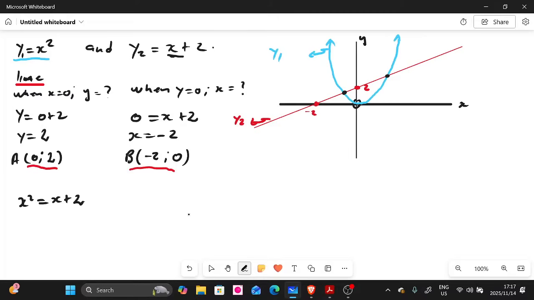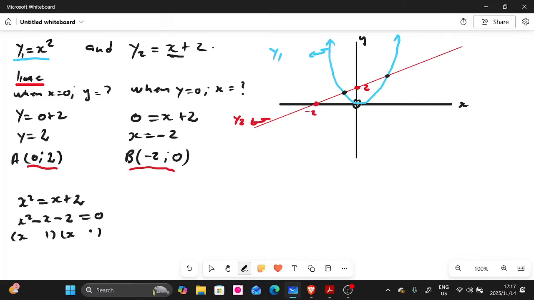I'm going to transpose x plus 2 to the left hand side. They're going to be negative x and negative 2. And this is going to give us 0. Now we simplify. We factorize. Let's factorize and solve for x there. Know that this is x and that is going to be x. The factors of 2, when you subtract, they give you 1. It's 1 and 2.